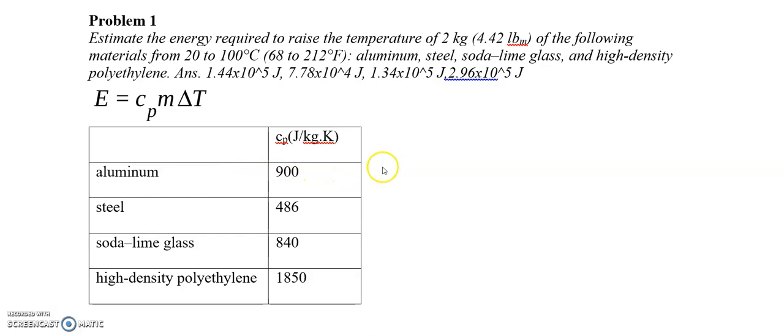In the case of aluminium, this specific heat is 900, and the weight is 2 kilogram, and the temperature increases from 20 to 100 degrees centigrade. Centigrade and Kelvin are the same in magnitude, so it should be 100 minus 20.